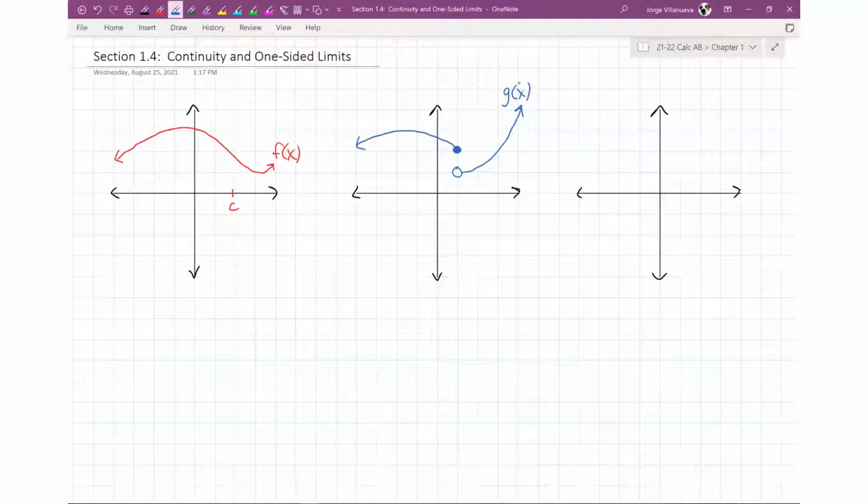Okay, and then we'll draw one more. Oh, and by the way, I forgot to put c on the second one. This is c right here. This will be c for this graph. So let's just take a look at these three different types of graphs.